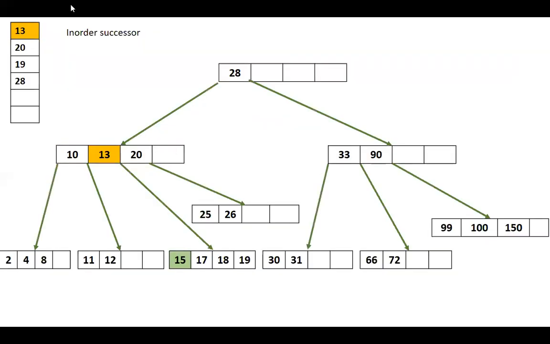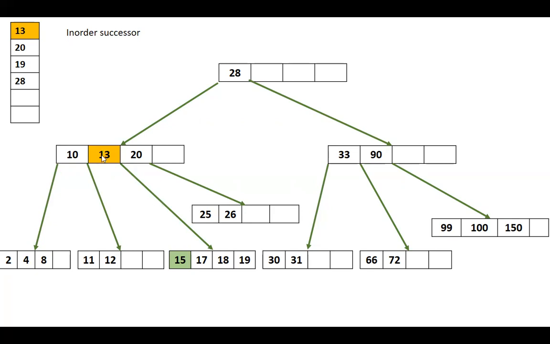So this is the given tree, and we are going to delete all these keys one by one. The very first key we are going to delete is 30. It is less than 28, so come to the left side. This is an internal node which needs to be deleted. When you are deleting an internal node, it can be replaced by its in-order predecessor or its in-order successor.